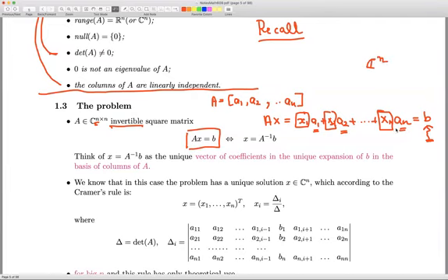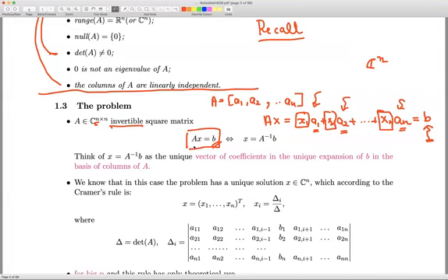So given a vector b and the matrix A, we know the columns A1, A2, and An, and we are interested in finding the representation of b with respect to this basis. x is nothing but the numbers that are the coefficients of this representation.